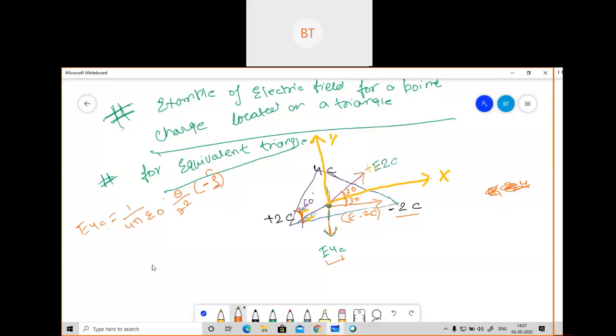So now I have to substitute the values. This value I already know, 9 into 10 to the power 9. And since minus is there, I'll put minus here. And the charge is given as 4.